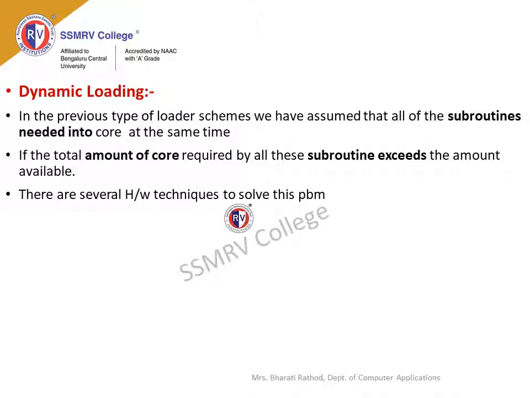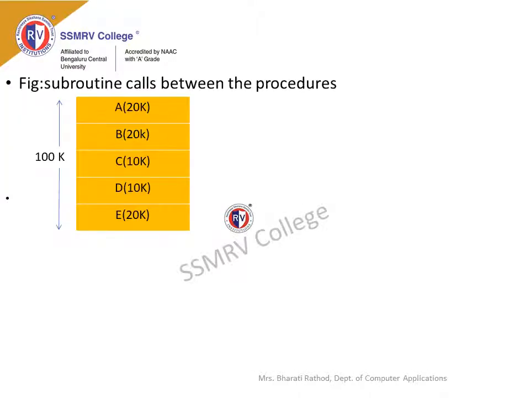Hence, the efficiency of the execution process gets degraded. This type of problem can be solved by paging and segmentation. Dynamic loading schemes are based upon the use of a binder prior to loading.